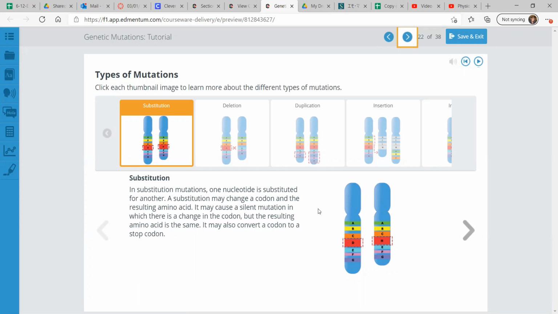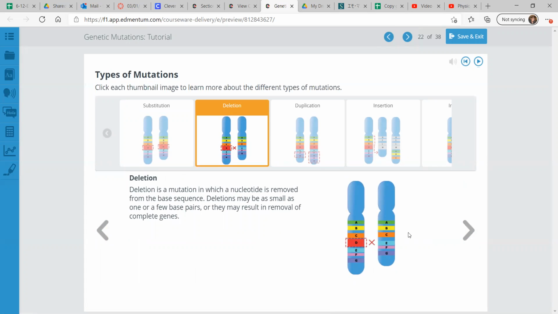That's when one nucleotide is substituted for another. A substitution may change a codon and the resulting amino acid. It may cause a silent mutation in which there is a change in the codon, but the resulting amino acid is the same. It may also convert a codon to a stop codon.